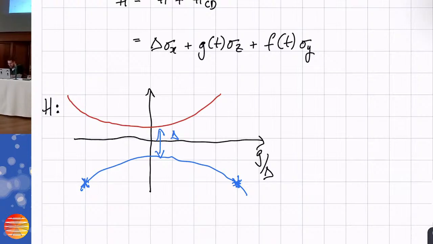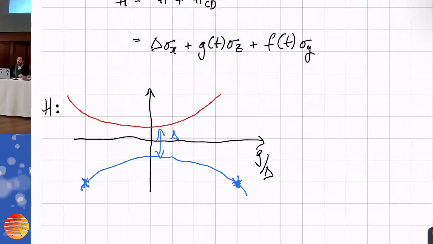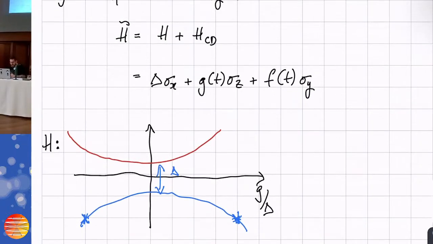But while this is normally the picture we have when we're thinking about the system, I'm saying I'm controlling the Landau-Zener model, that isn't the Hamiltonian that's actually evolving, right? I'm not evolving according to just H, I'm evolving according to H plus HCD. So the question is, what's the energy spectrum that I'm actually evolving according to?